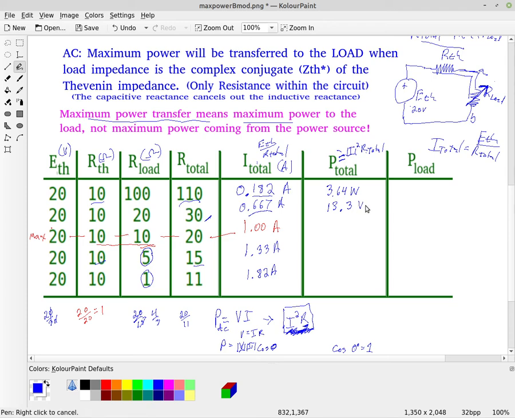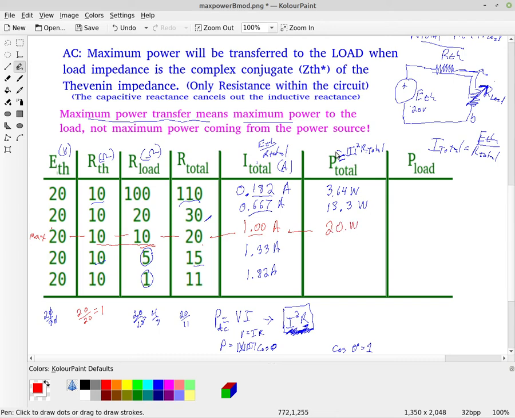So the power is going up, and our current is going up. We're squaring the current, so we kind of expect that. If we look at what they're telling us maximum power is here, we take 1 amp squared times 20 ohms, and that of course is going to be 20 watts.